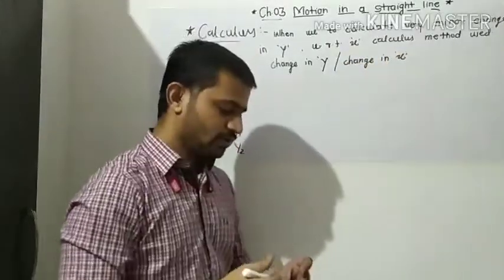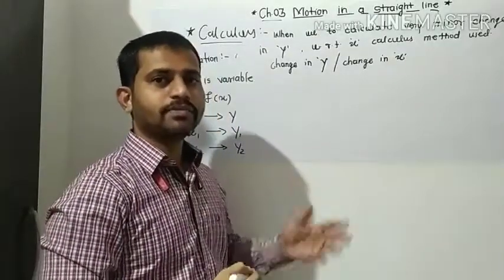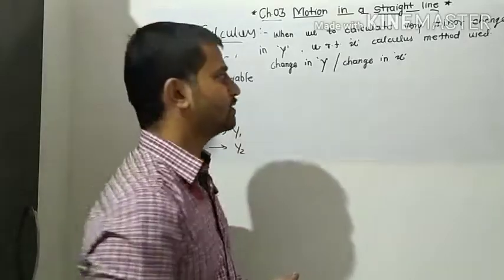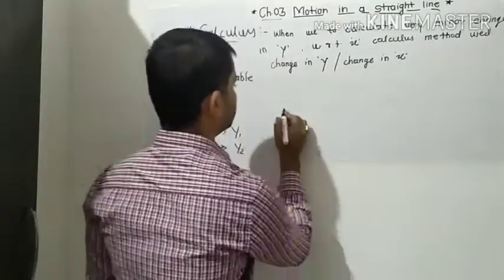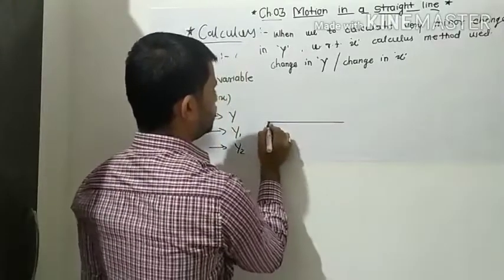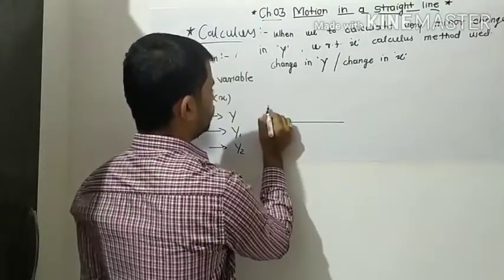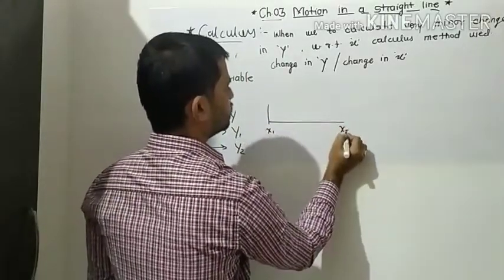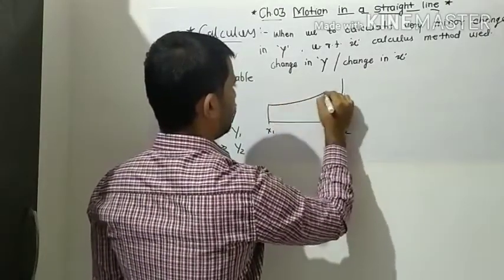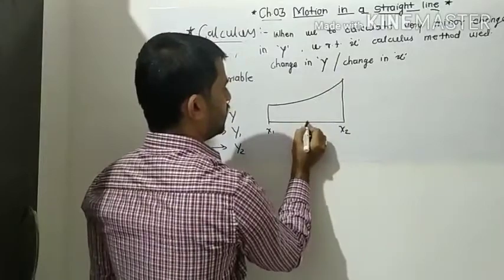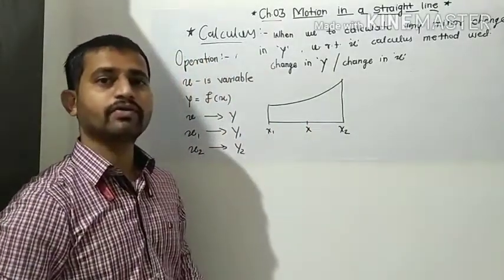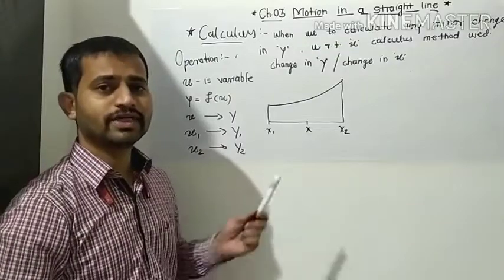Okay, suppose we plot it on the xy curve, then we will get, suppose, this one curve. In this, when x is equal to x1, y is equal to y1, and when x is equal to x2, y is equal to y2, and now we have to count the value of y at a particular instant of x.